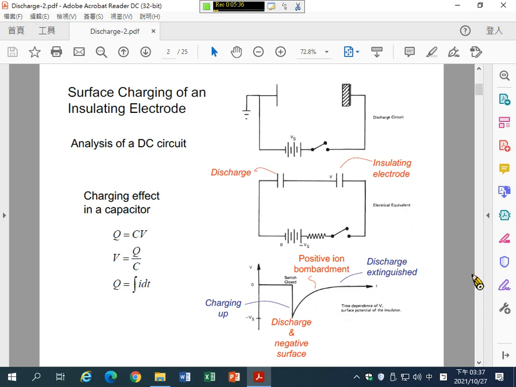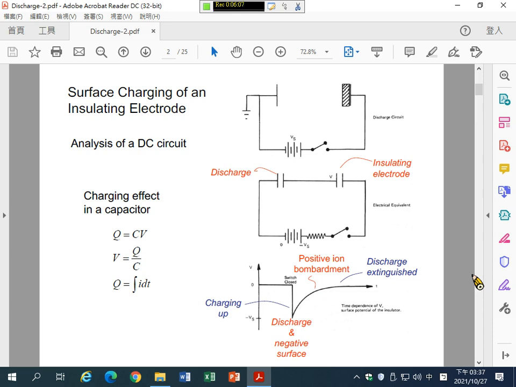Okay, so this slide explains the basics of the capacitive discharge. In this case, one uses a DC power supply to generate plasma. So what happens when we use DC power to generate plasma? The upper figure is the schematic of the system.